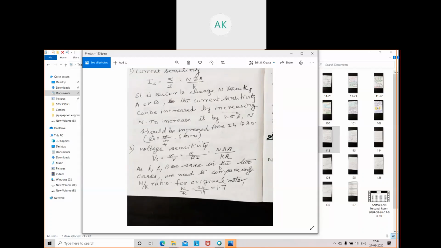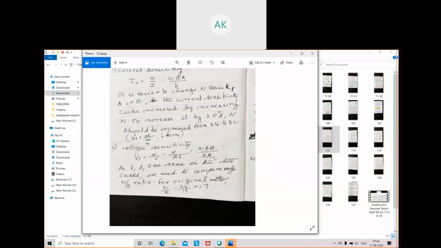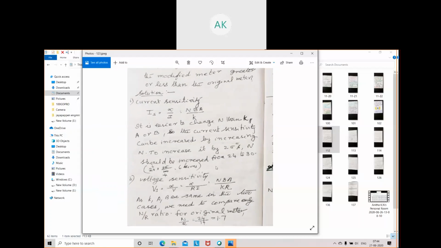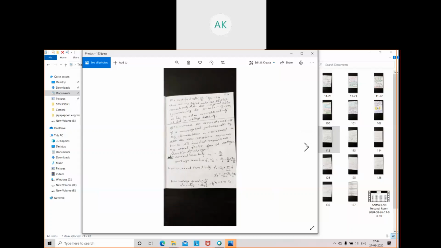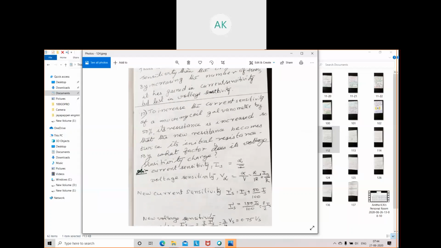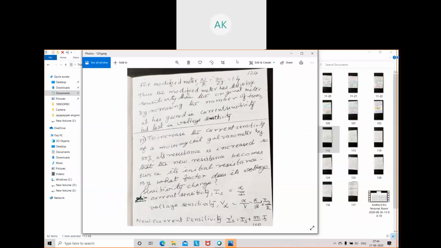The N by R ratio for the original meter is 1.7 and for the modified meter only 1.4. So it is reduced to 1.4. Thus, the modified meter has less voltage sensitivity than the original meter.